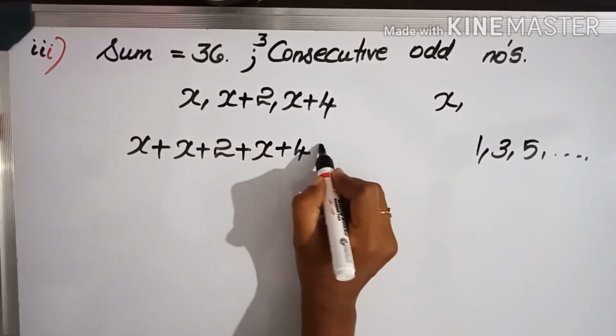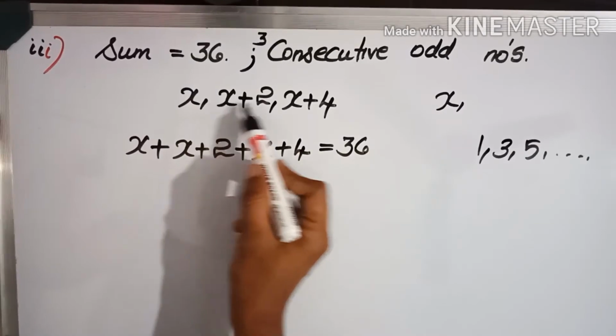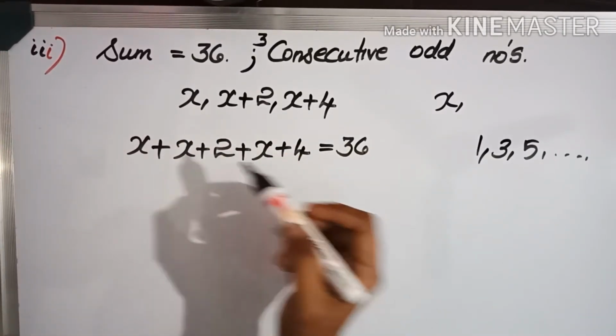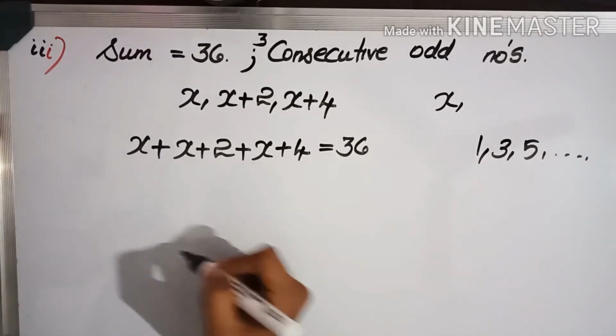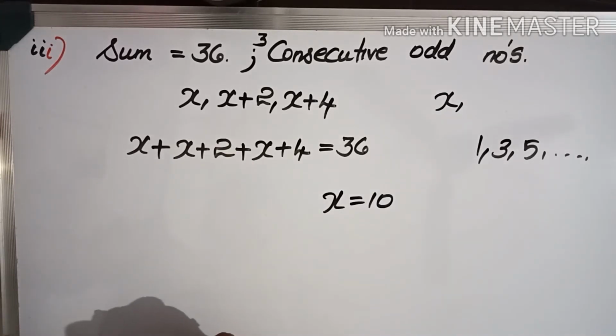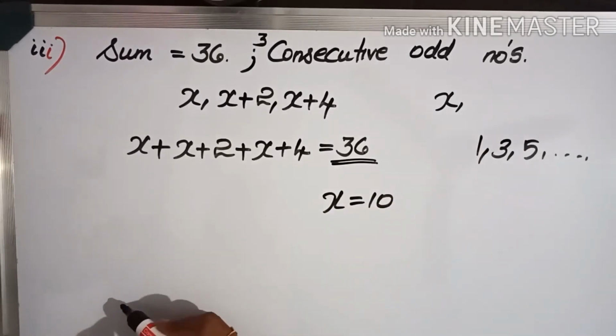But in the previous problem, we have already proved that when we consider these numbers, we will get the sum as 36. But we got the number as what? An even number we got, isn't it? In the final answer we got x equal to what? 10 we got. That means what? If it is an odd number, we won't get an answer as 36.